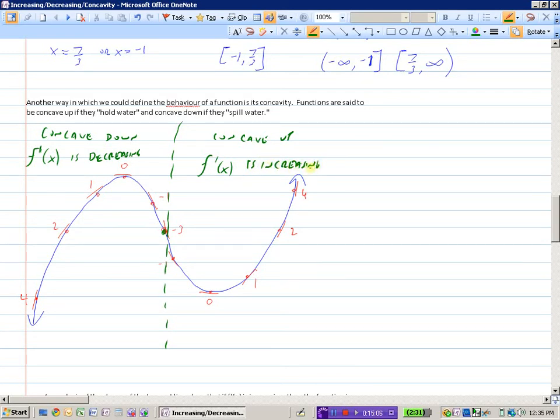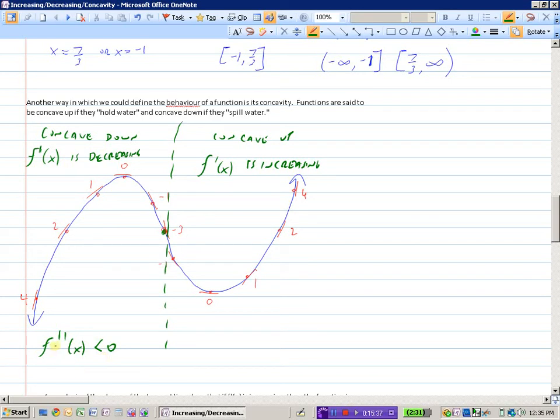Well, if we know that the slopes are actually decreasing on that interval, then what that means is the change in the slopes of the tangent lines are decreasing. And if the change in the slopes are decreasing, then that means that if we took the derivative of the derivative, that should be less than 0.